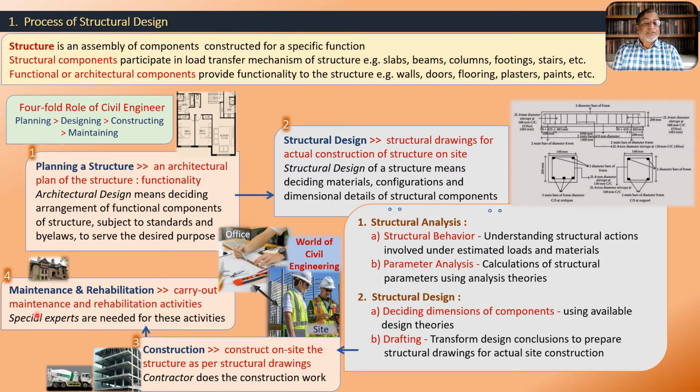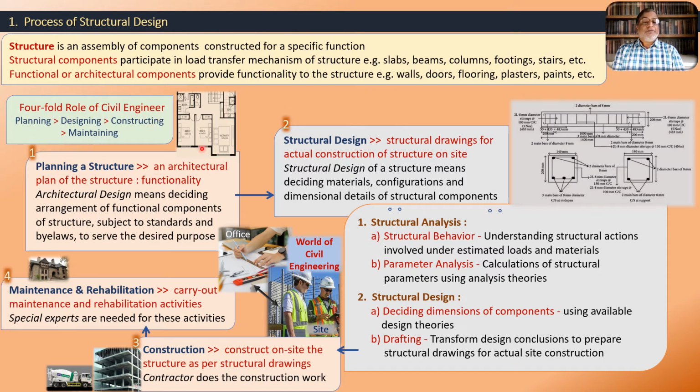So special experts are needed for these activities, but finally this is also the role of an engineer only. So we can say that the process of structural design has 4 steps, and these 4 are the fourfold role of a civil engineer also.